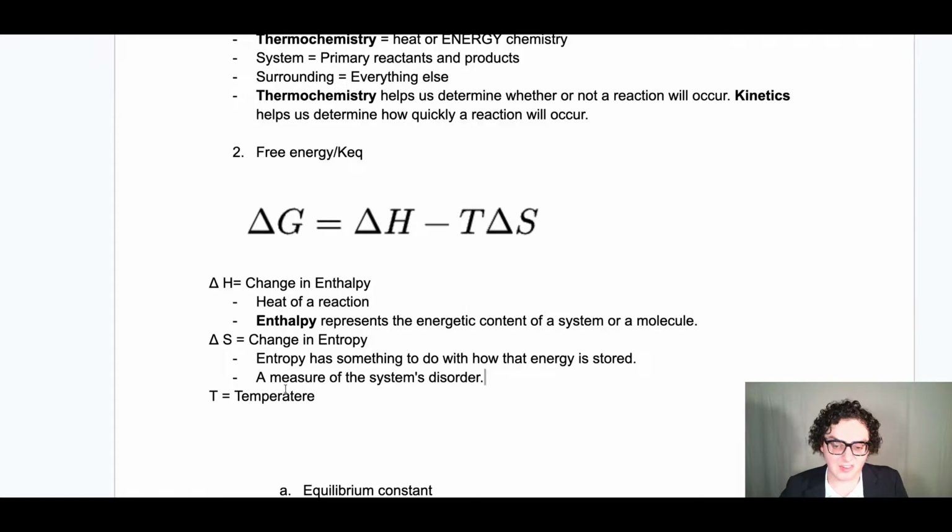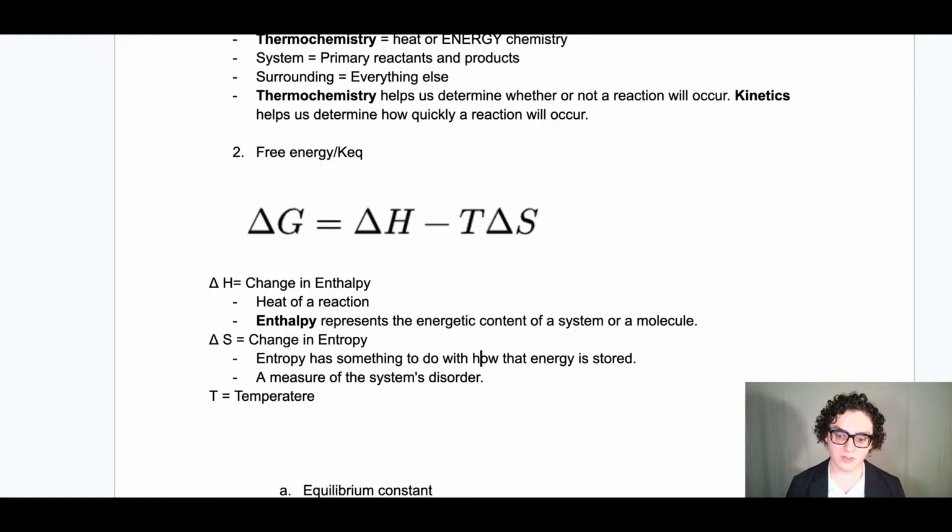Entropy is a measure of the system's disorder. The system's order is otherwise known as how the system stores its energy. So does the system store its energy in a way that is very ordered or in a way that is less ordered? That is what entropy is telling us.